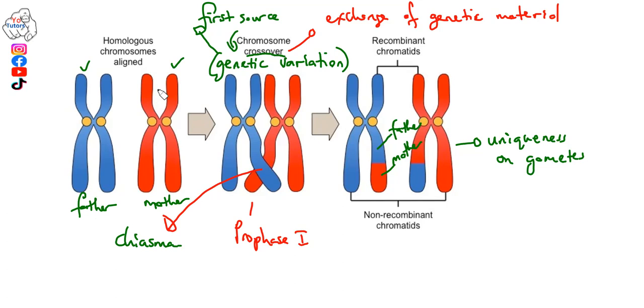The father brings 23 chromosomes, the mother brings 23 chromosomes, and when you add them together, they give us 46. They are always grouped in pairs, and they are of the same size and shape, except the X and Y, which are your gonosomes, but we'll talk about that.